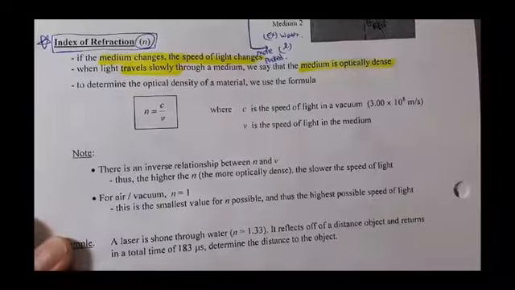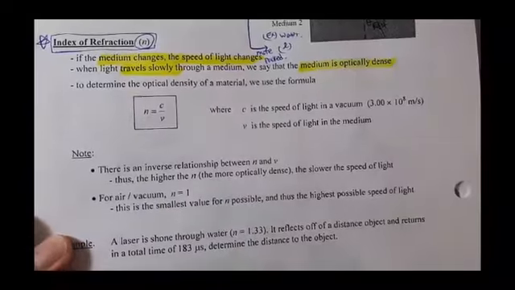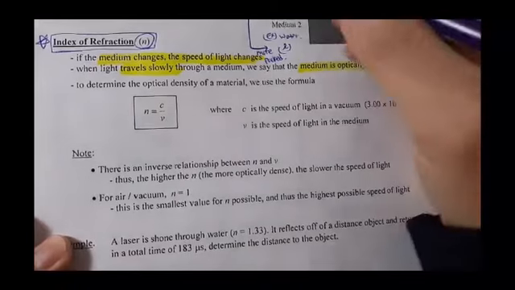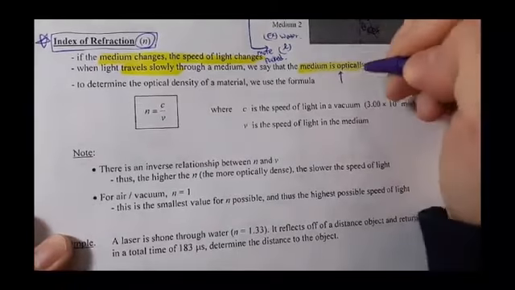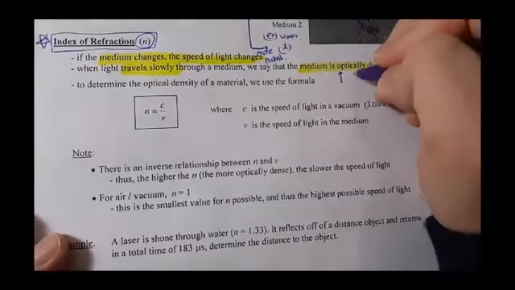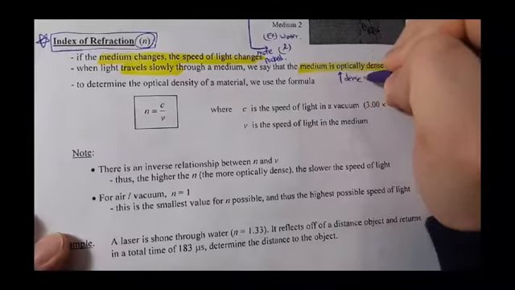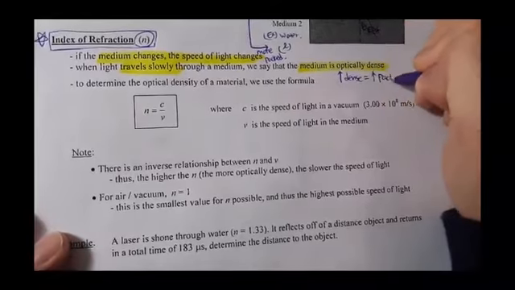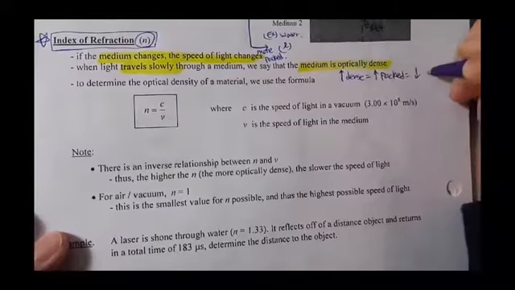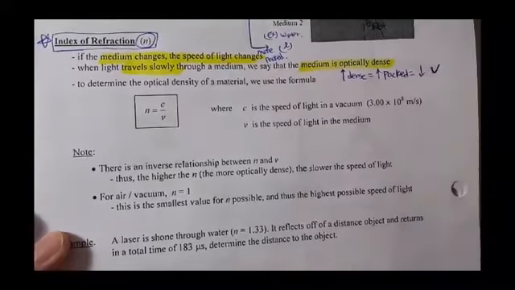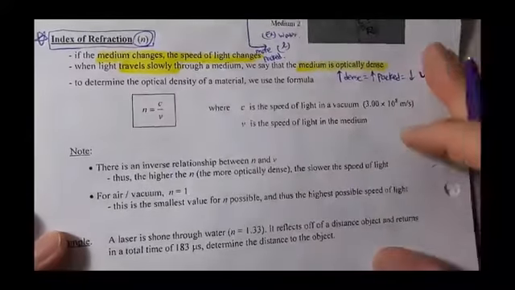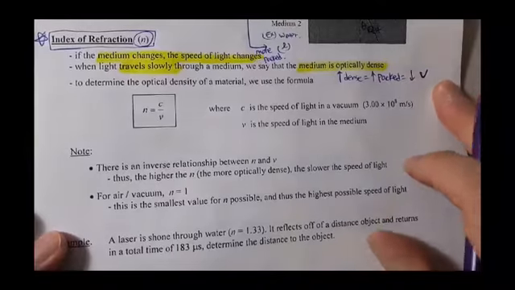So the logical conclusion that I like to give you is: more dense means more packed. That means the speed of the wave goes down. That's what I want to point out, folks.